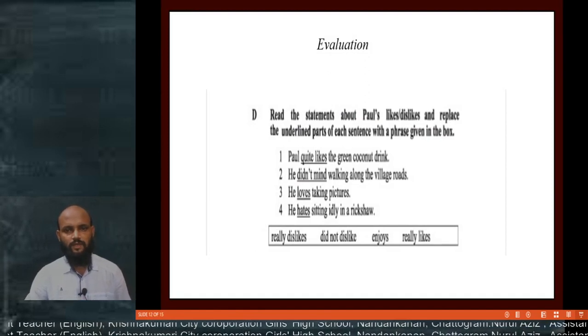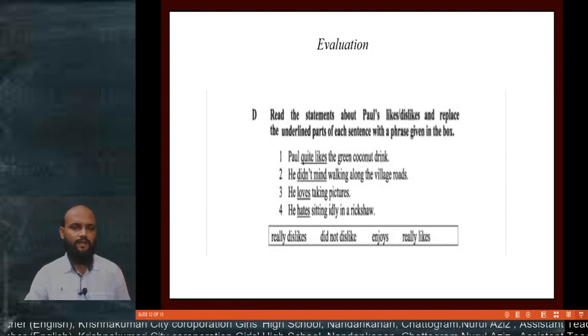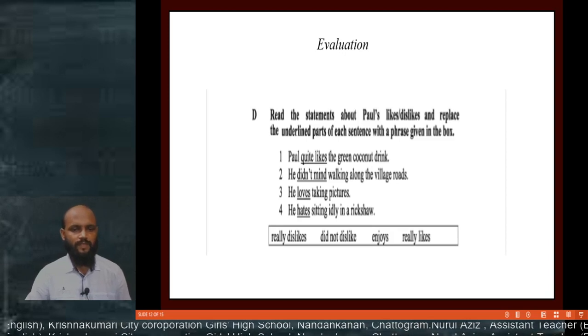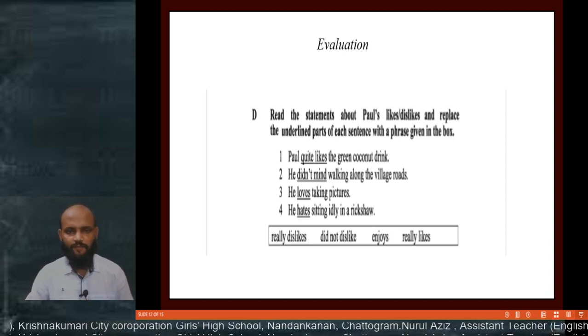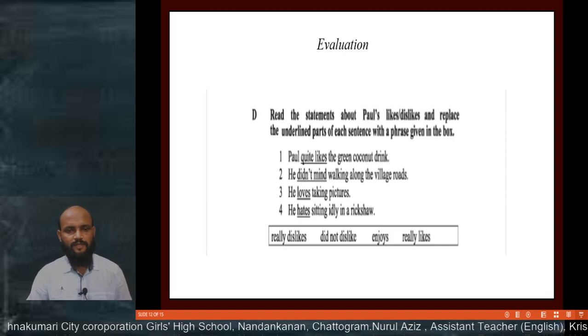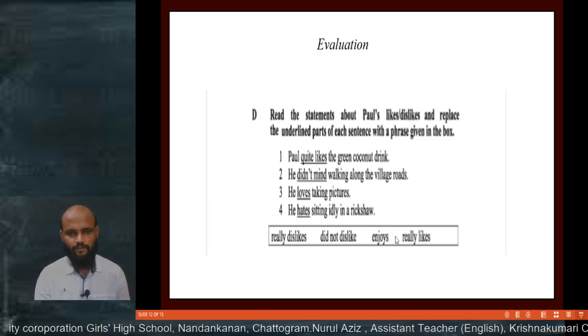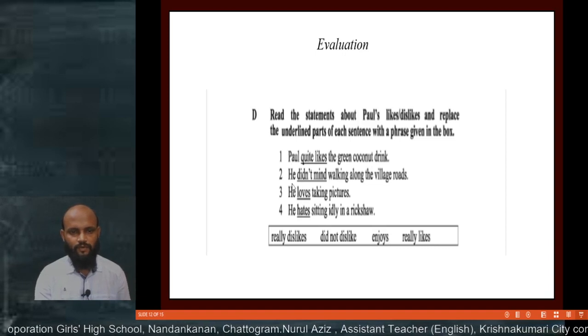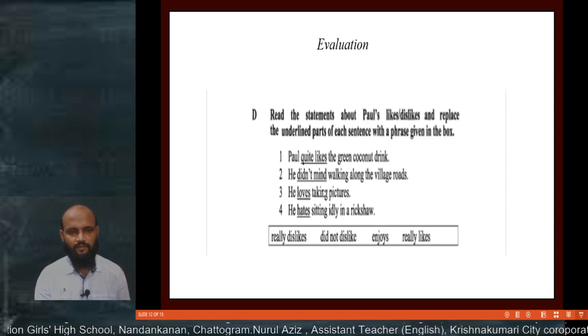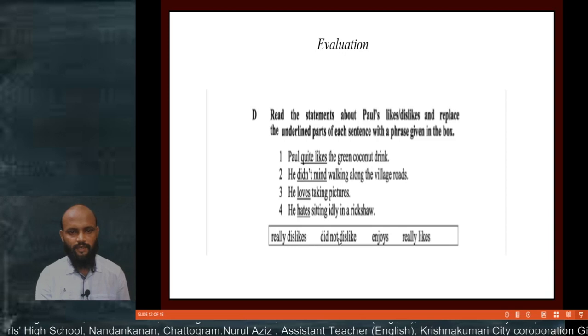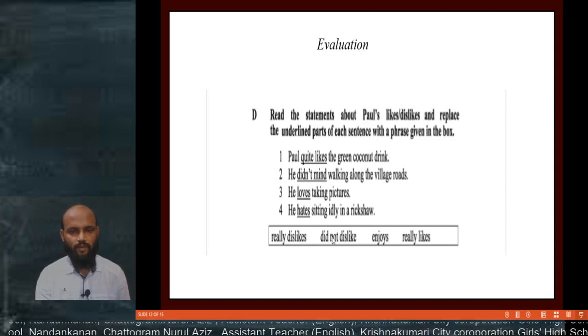And now this is evaluation time, and you will find some sentences here in section D. You have to replace the underlined words with the words or phrases in the box. So in 4 sentences there are 4 phrases and words underlined. You have to replace these words with the ones in the box.